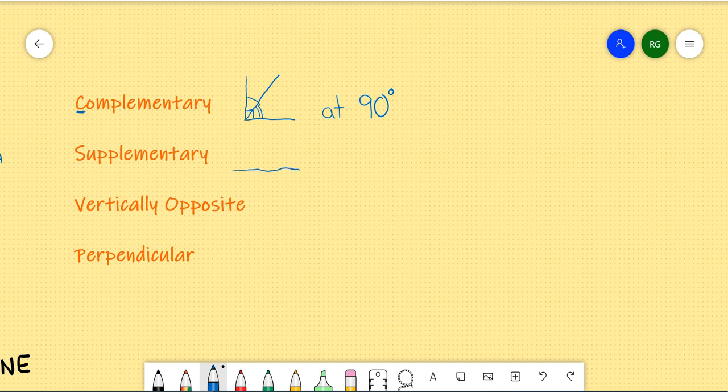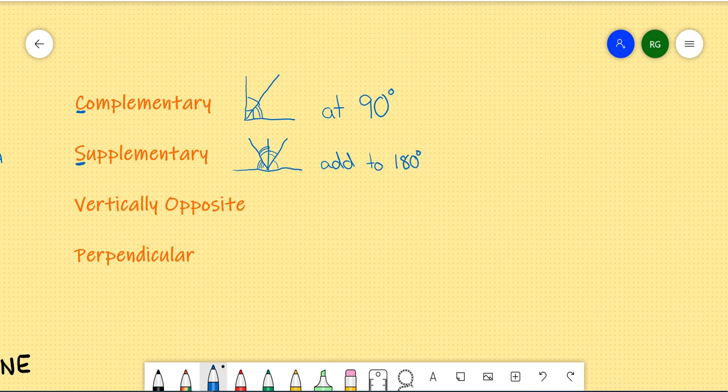Supplementary angles are any angles that when combined, something like this. I do multiple little symbols to represent that they're all different. Those 4 angles there, I should have written, add to 180 degrees.